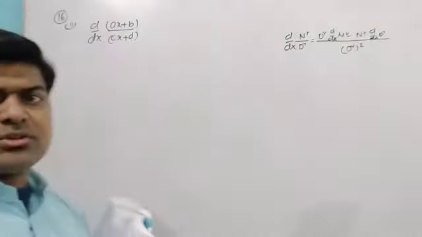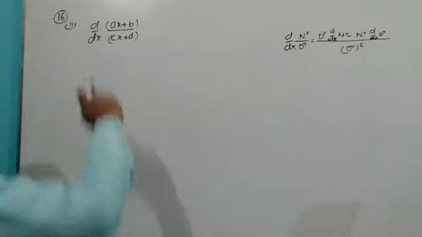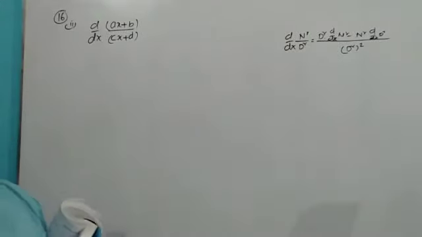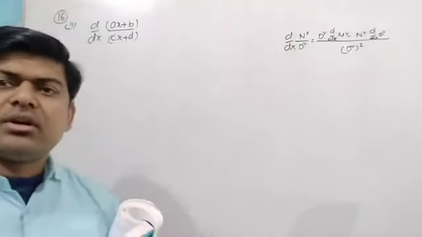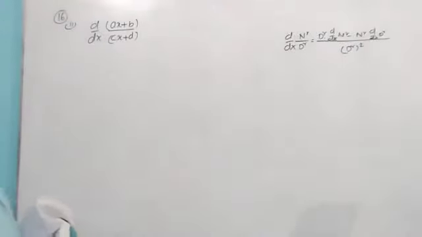In our given question, you can see easily that ax + b is the numerator and cx + d is the denominator.